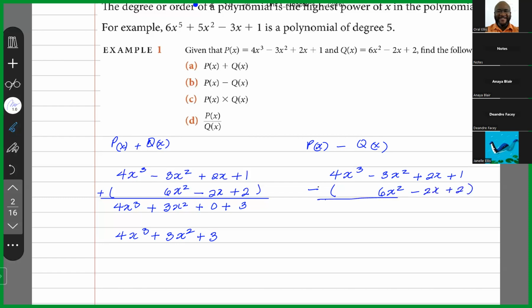We're subtracting. Remember, in algebra, you can only add and subtract like terms. There is no other term in x cubed, so you're just going to write back the 4x cubed.